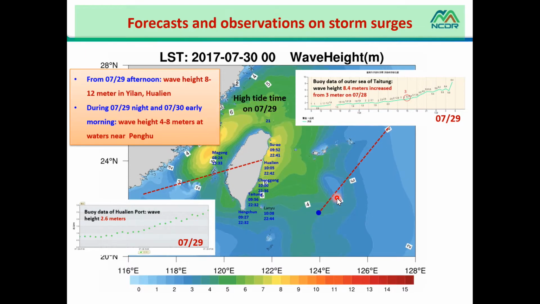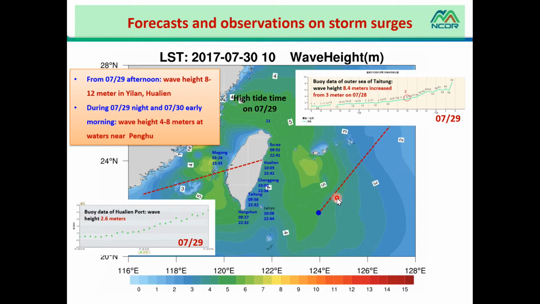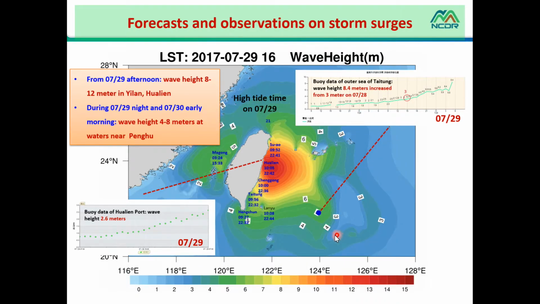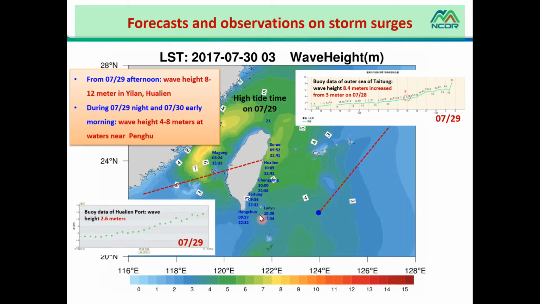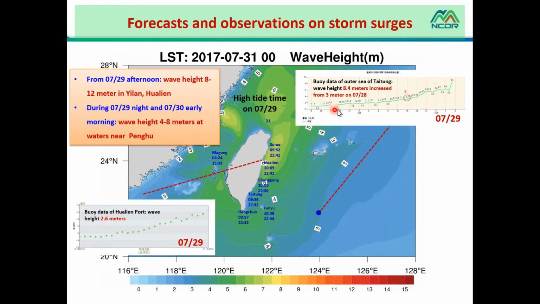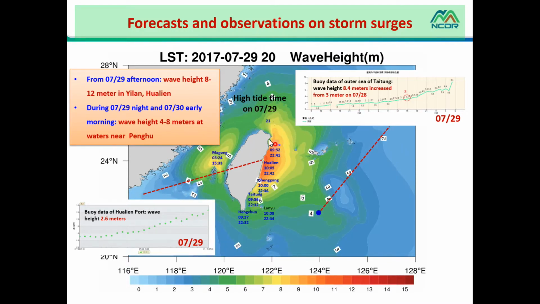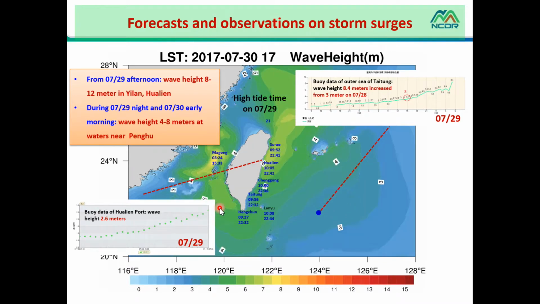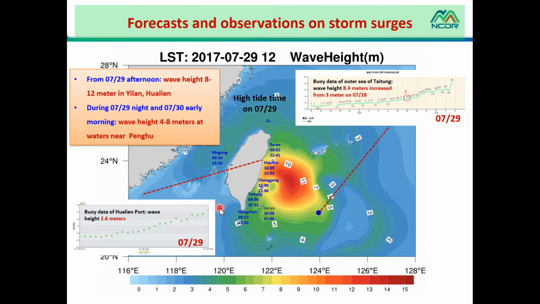Another very important thing is to estimate the storm surge. This picture shows the numerical simulation, but not just simulation, we also use buoys to check the data. Right now we use this data and this program to produce storm surge estimation day by day.